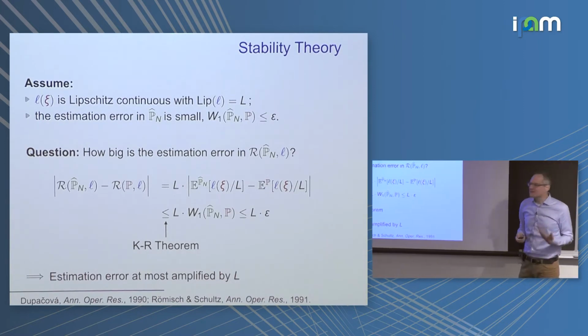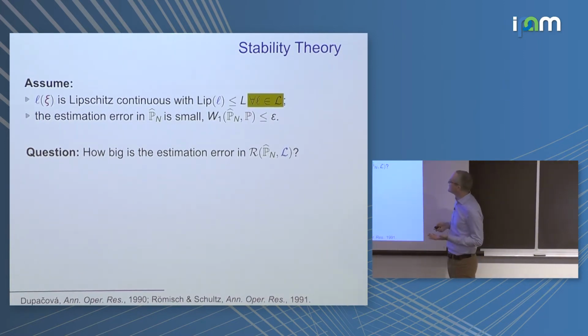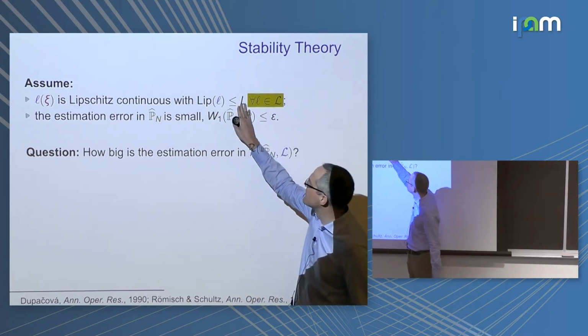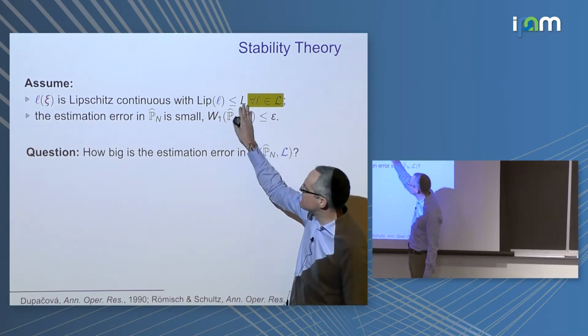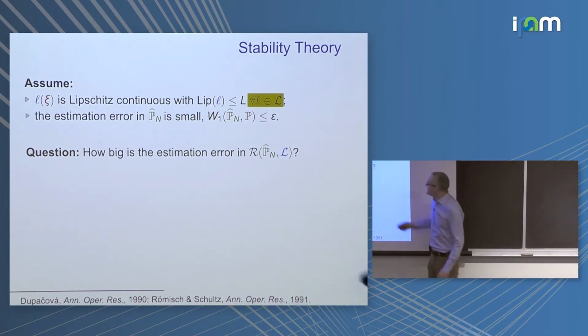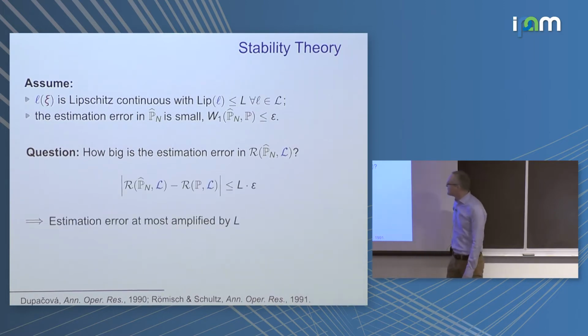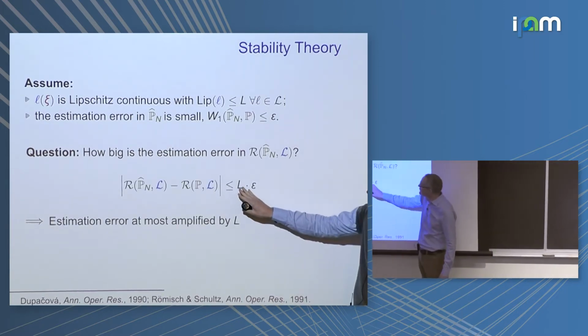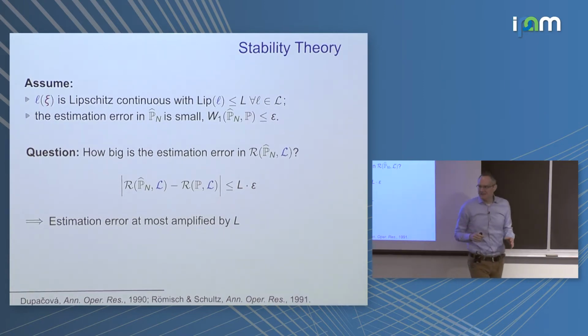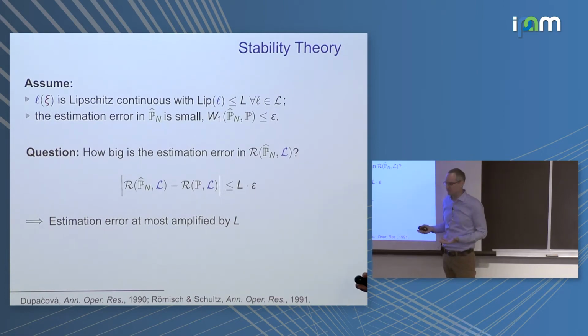And a very similar calculation can be carried out if we're looking at all admissible loss functions, and if all loss functions have a Lipschitz modulus that is bounded above by a common L. So in this case, again, the estimation error is bounded above by the common Lipschitz constant times epsilon. So this analysis gives us a rough understanding of how estimation errors in the input are propagated to the risk. In fact, they're at most amplified by the Lipschitz modulus of the involved loss functions.